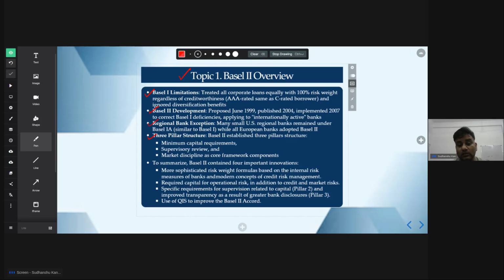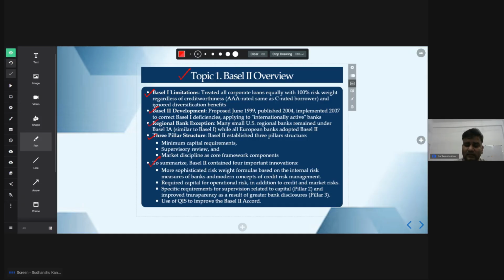The four key innovations of Basel II were: more risk-sensitive capital formulas based on your internal risk measures that reflect modern credit risk management; an explicit capital charge for operational risk in addition to credit and market risk; a formal supervisory review, which was pillar two, covering capital adequacy beyond the formulas; and greater disclosure and transparency, which was pillar three, supported by quantitative impact studies (QIS) to refine the framework.